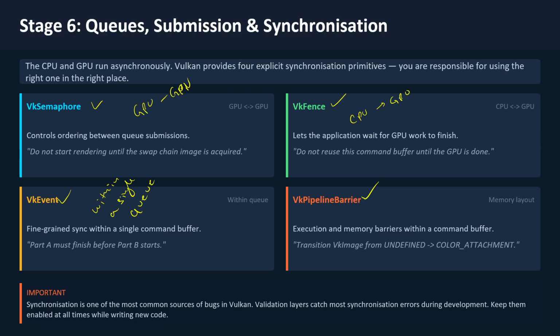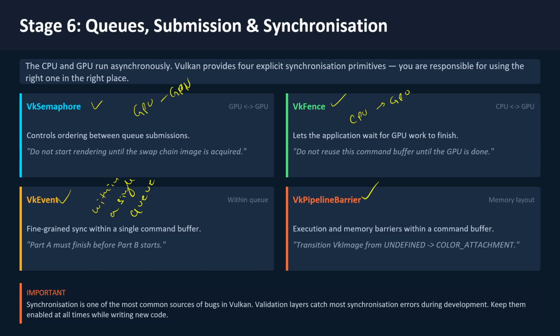So it ensures that certain statements do not execute until a certain operation is completed. Later, I will give you some examples of pipeline barriers in my examples. But right now, just try to understand these.